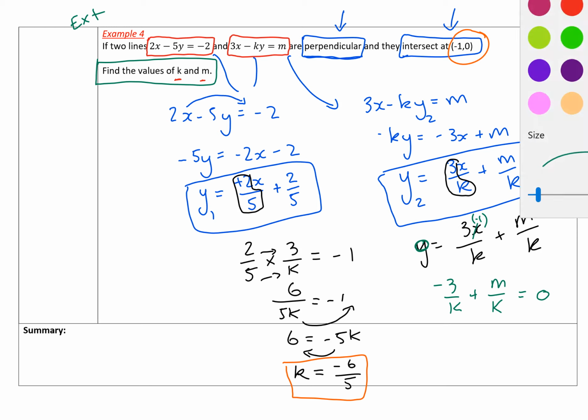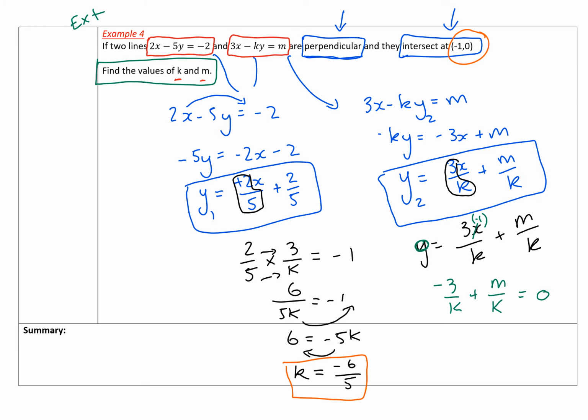Now you remember that we also found k is equal to negative 6 on 5. So negative 3 divided by negative 6 on 5 means we bring the 5 up to the top. So that's now going to be negative 15 on negative 6, or 15 on 6.